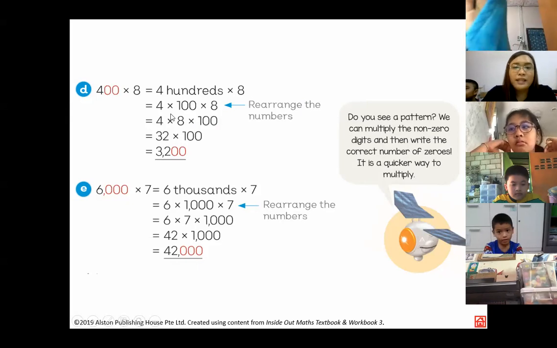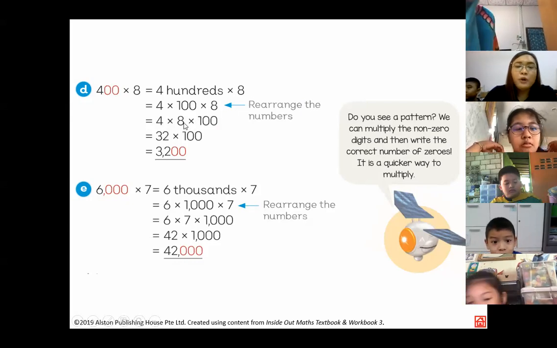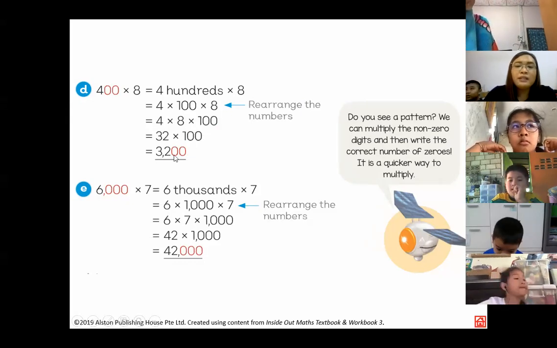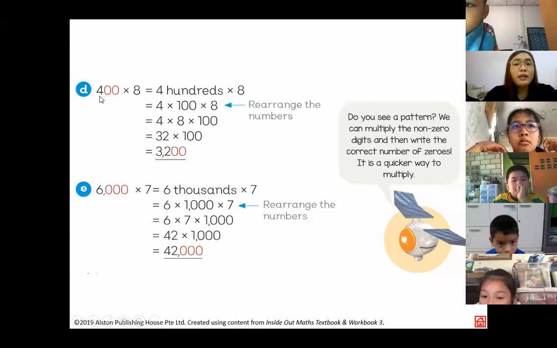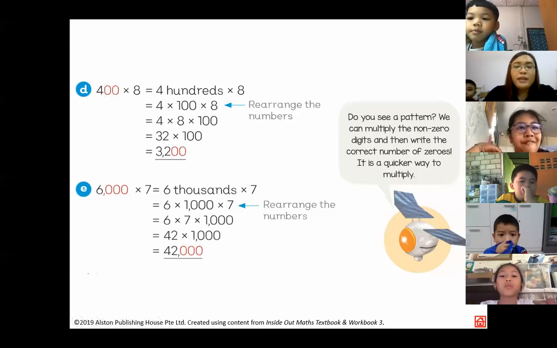So 4 multiplied by 8 multiplied by 100. So 4 times 8, that's 32, times 100, that's 3,200. So 400 multiplied by 8 is 3,200.